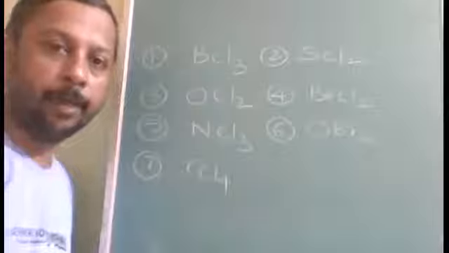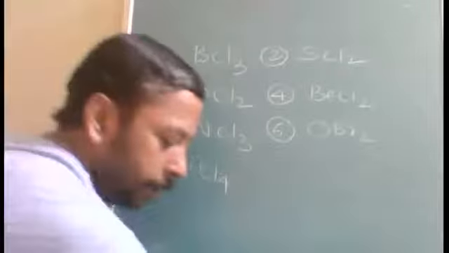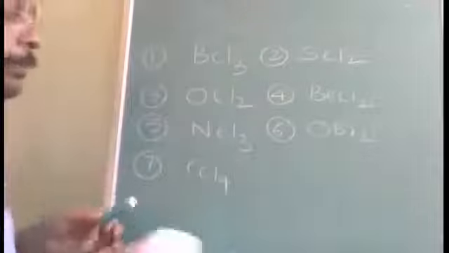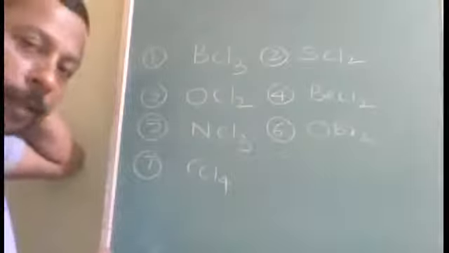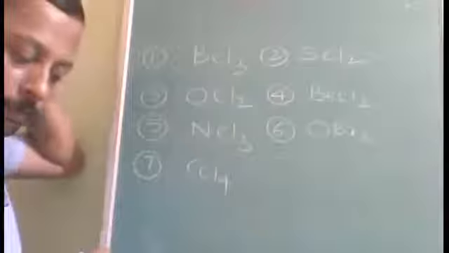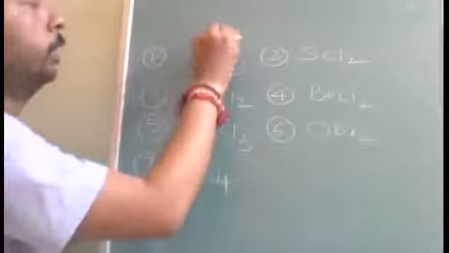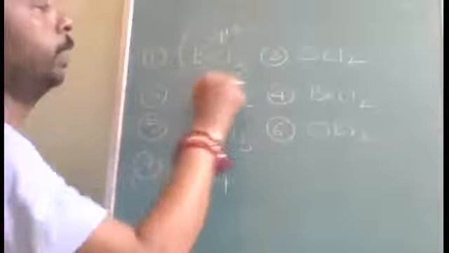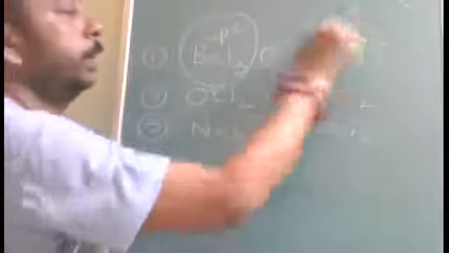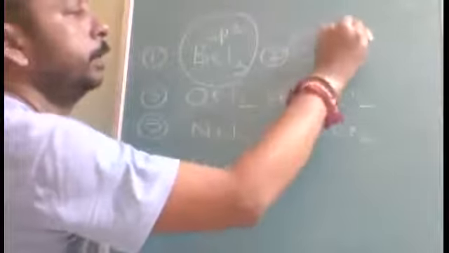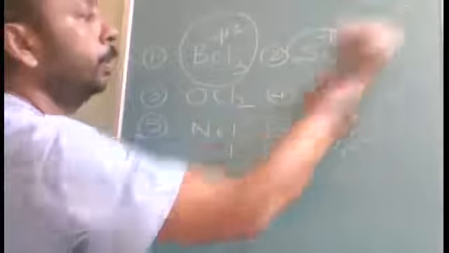Okay, I hope you have done this, only this much time you will get. Now let me explain. First of all, here I am directly finding the hybridization by the shortcut I have told you. Here it is sp2 hybridization. And here sp3 hybridization with two lone pairs.